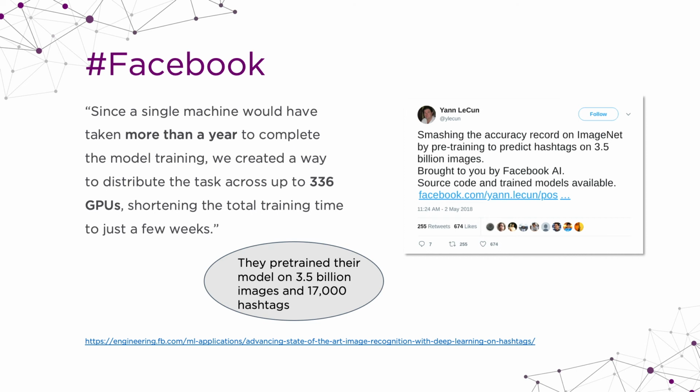Then they used the exact same concept of fine-tuning, but instead of fine-tuning on a different data set, they fine-tuned on ImageNet. And of course, they completely crushed the top one accuracy on ImageNet. Now, I don't know if this would have been a valid submission to ILSVRC because they used transfer learning in this case, but this is just to show you how useful transfer learning can be for different tasks.